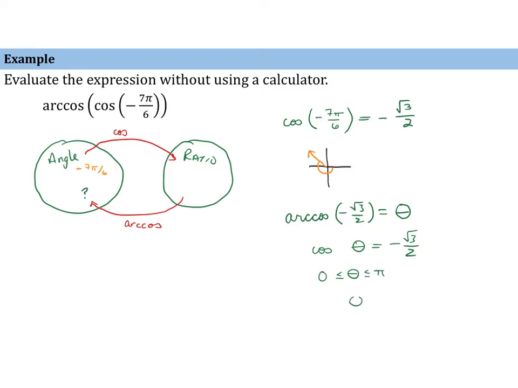So what is the angle theta? Again, it has a reference angle of pi over 6, but we're in the second quadrant, so I have to be just under pi to be in the second quadrant. So pi is 6 pi over 6. I back it up and make it 5 pi over 6. So the correct answer of this is that arc cosine of cosine of negative 7 pi over 6 equals 5 pi over 6.